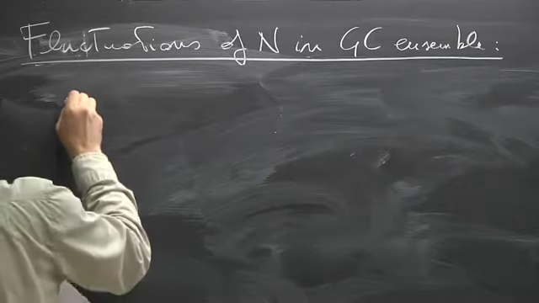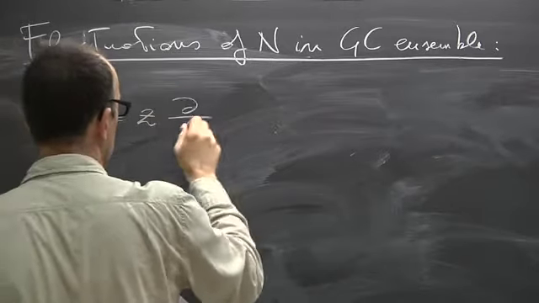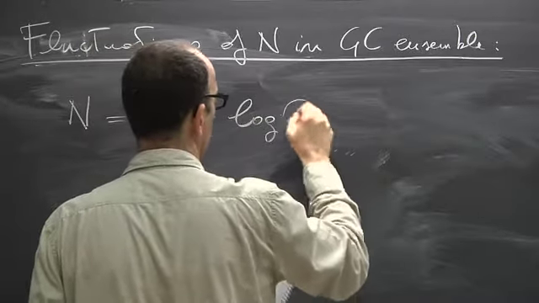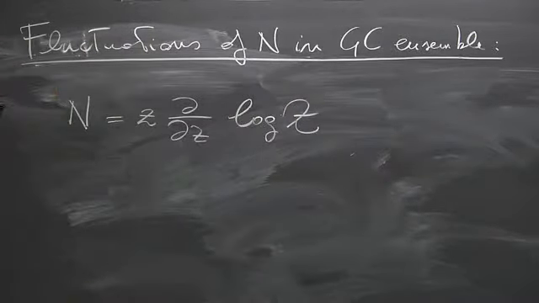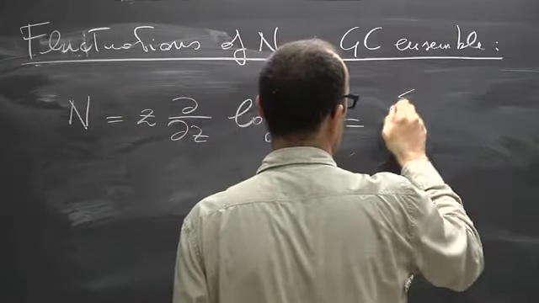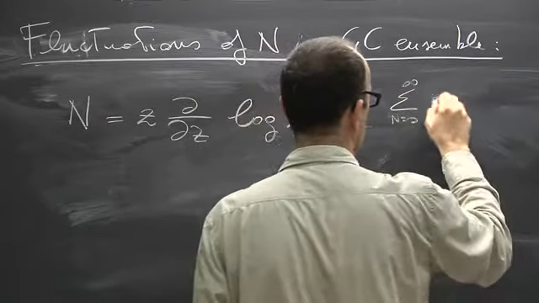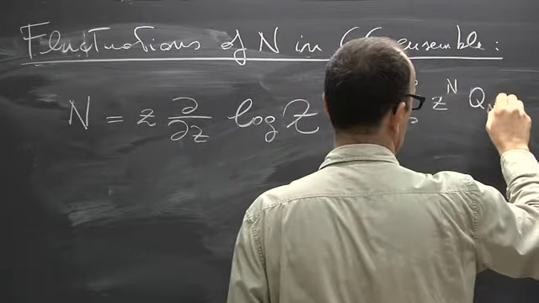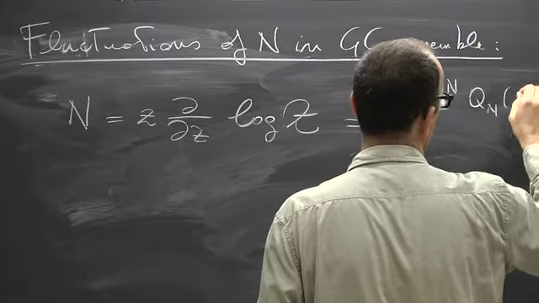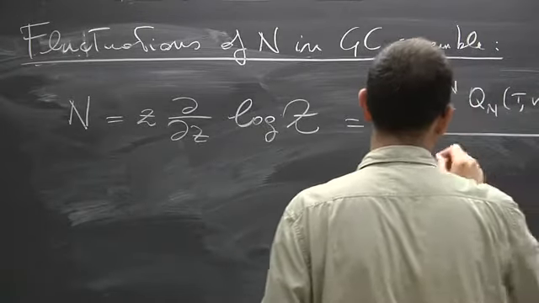So we have said that the number of particles can be computed as the derivative with respect to the fugacity of log of the grand canonical partition function, because well, this is nothing but the sum from n equal to 0 to infinity of small z to the n times the partition function of temperature T and V, times z divided by the same thing.